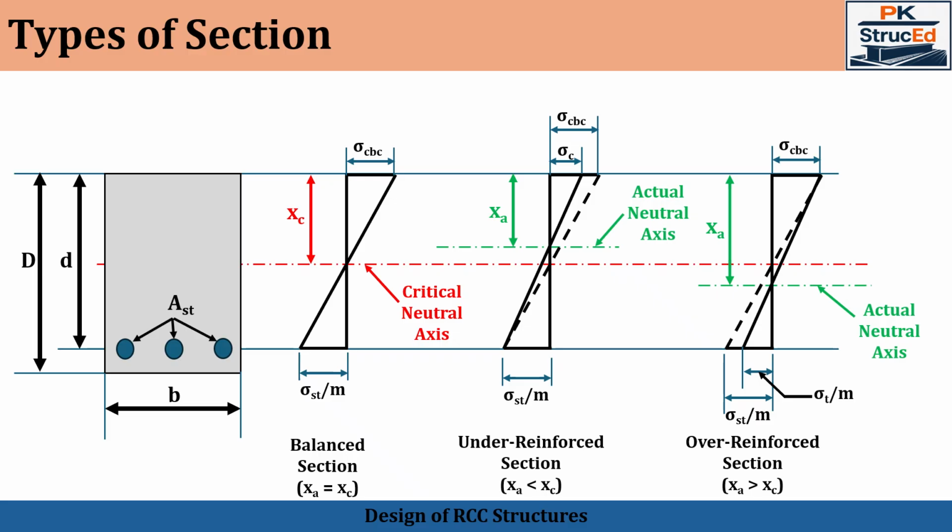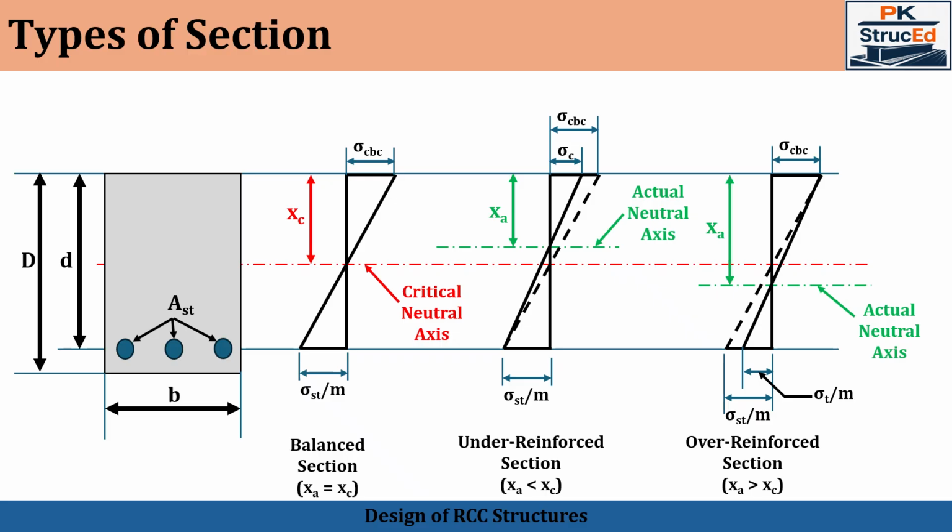Second is the under reinforced section, in which the depth of neutral axis is less than the critical depth of neutral axis, which can be seen from the second figure, the stress distribution curve, in which XA is less than XC, where XA is the actual depth of neutral axis and XC is the critical depth of neutral axis. And finally, the over reinforced section, in which the depth of neutral axis will be greater than the critical depth of neutral axis, or mathematically, XA is greater than XC.